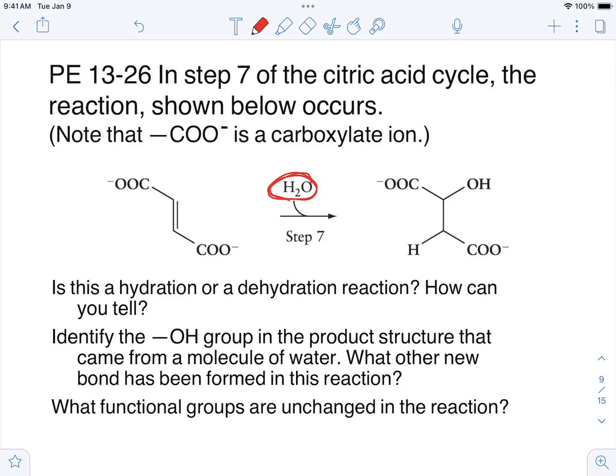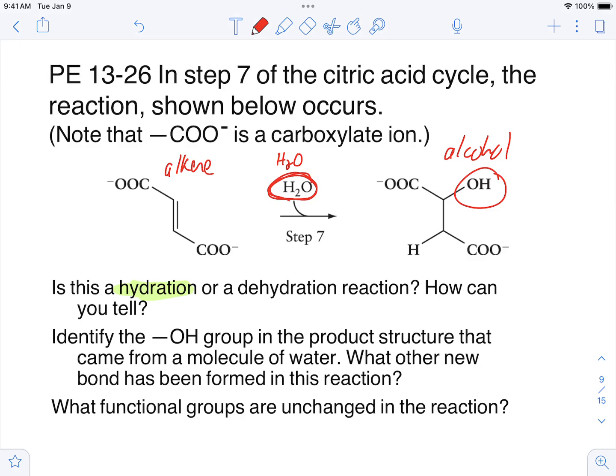So that's one reason why I'm saying it's a hydration reaction. The other is, notice on the left I have an alkene. Then I have water. And then on the right I have my alcohol. So that is the formula for hydration. So this is indeed a hydration reaction.